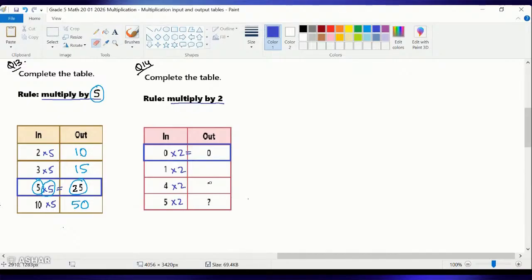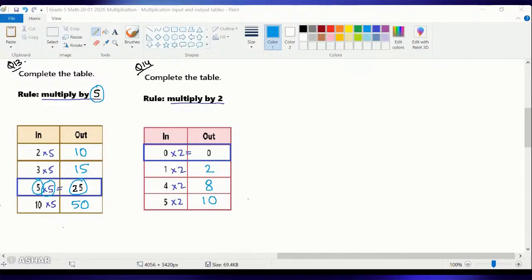So in this particular case, we need to know the rule. 1 multiplied by 2 would be 2, 4 multiplied by 2 would be 8, and 5 multiplied by 2 would be 10. So for these input values, we found the output values. That's good.